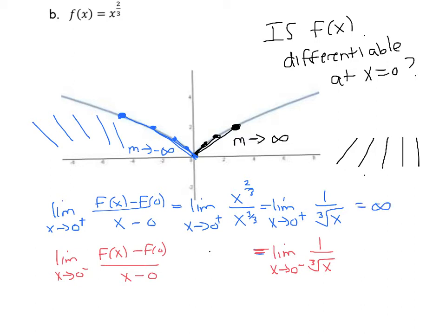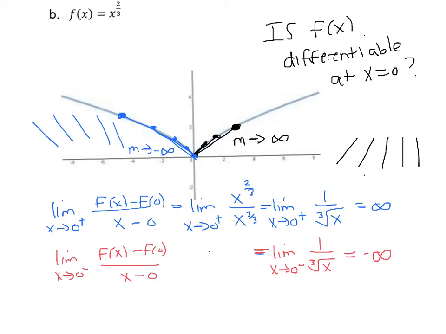And on the other hand, if you plug in numbers that are really close to 0 on the left-hand side, then you're taking the cube root of really tiny negative numbers, which results in really tiny negative numbers, and since those are in the denominator, you've got 1 over a really tiny negative number, which in the long run goes to negative infinity. And those are not the same.